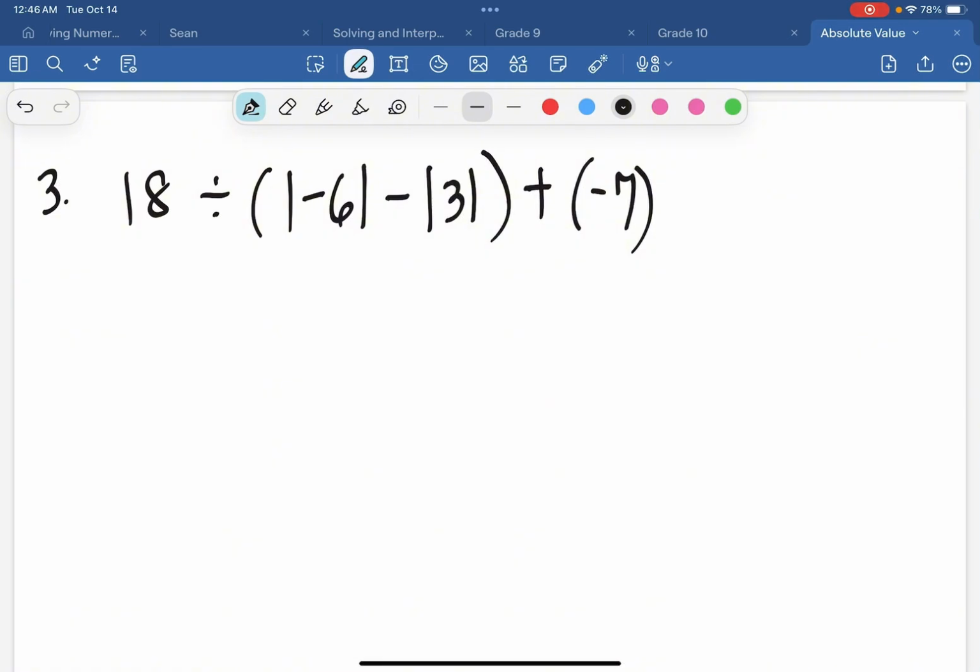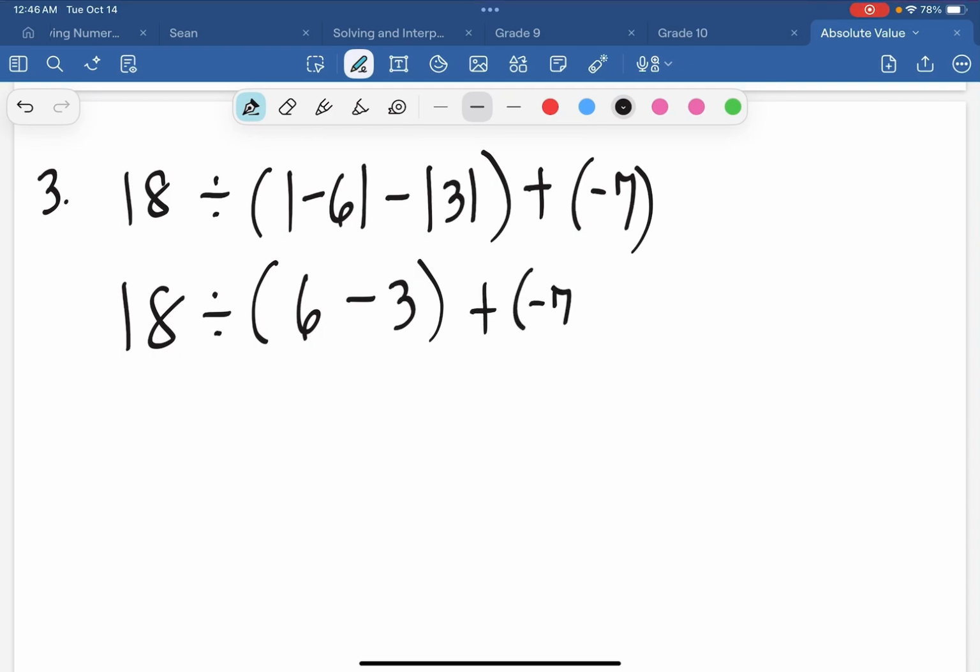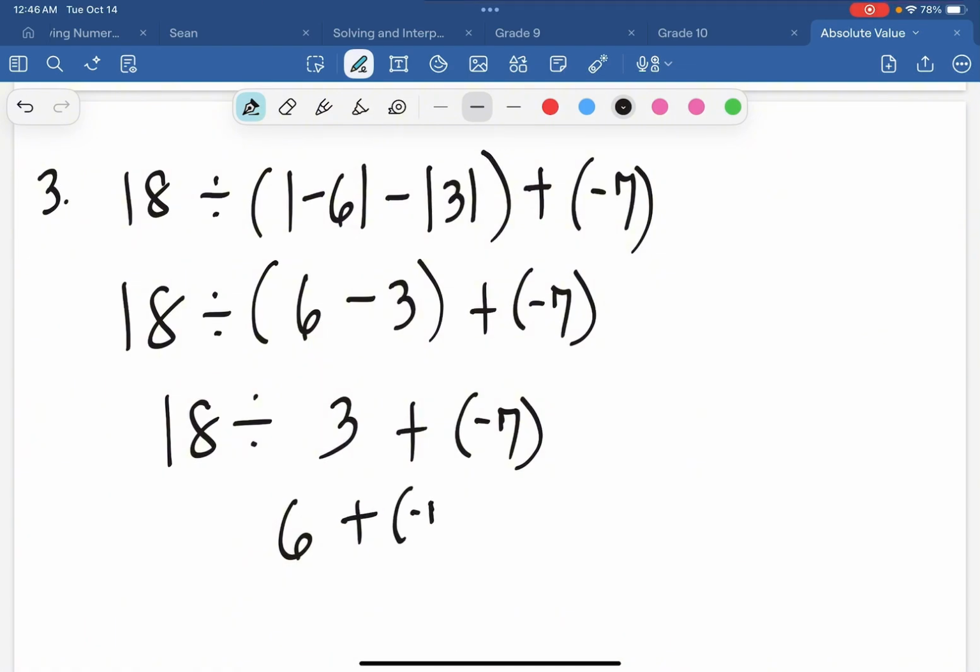The absolute value of negative 6 is 6, and the absolute value of 3 is 3. So we have here 18 divided by, then plus negative 7. Now, 6 minus 3 here is 3. So I get to write the other numbers. And 18 divided by 3 is 6 plus negative 7.